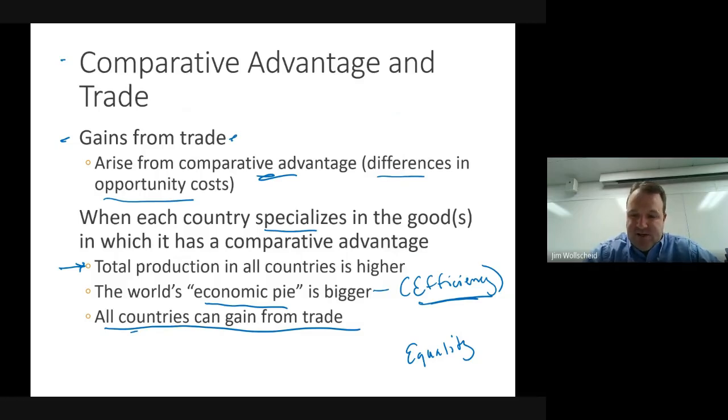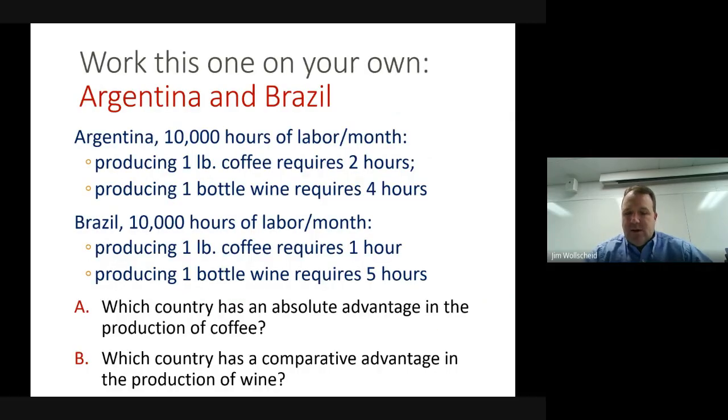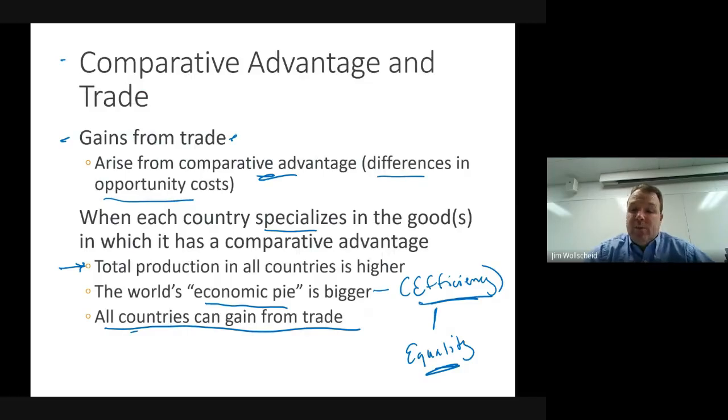But we're also going to neglect equality when we focus on efficiency. So then we're going to have to answer the question, and we'll kind of talk about this on Wednesday: how do we weigh these trade-offs? And what can we do to try to help with this equality part?